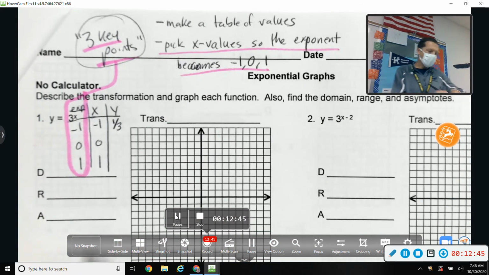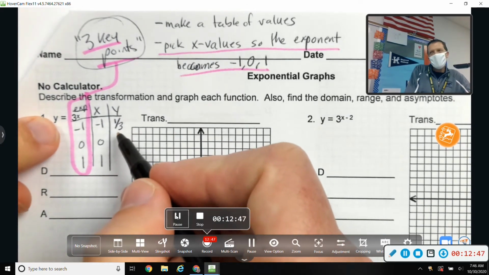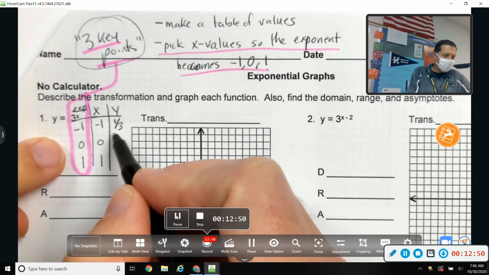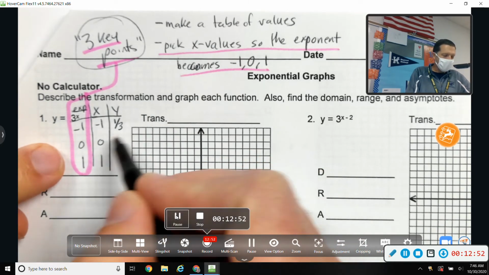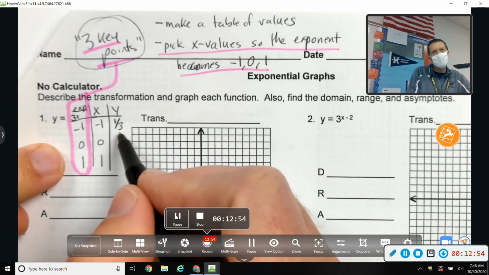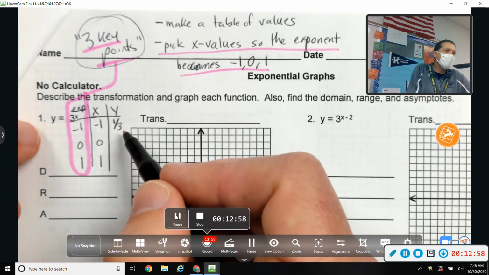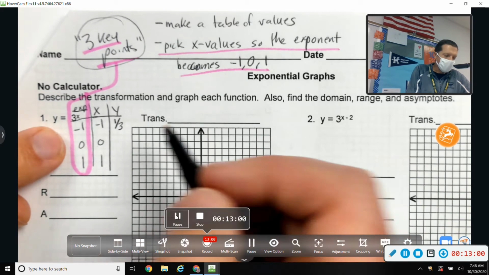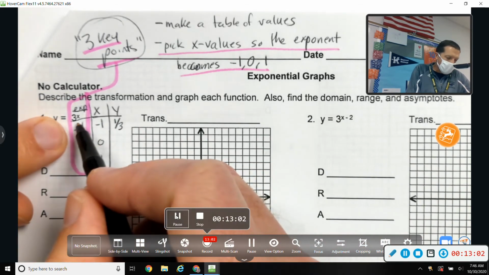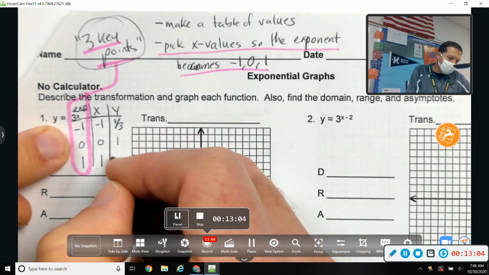Here's another place where the calculator might help, might not. The calculator is going to have a decimal there, and if you're doing it the way I want you to do it, you'll have 1/3 there. Now 1/3 is easy enough, you'd recognize that decimal, hopefully, and put 1/3. 3 to the 0 would be 1, and 3 to the first would be 3.